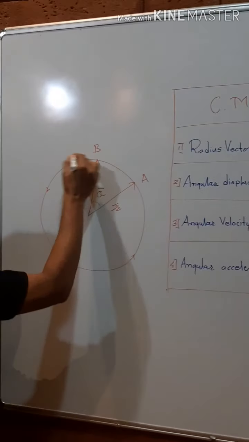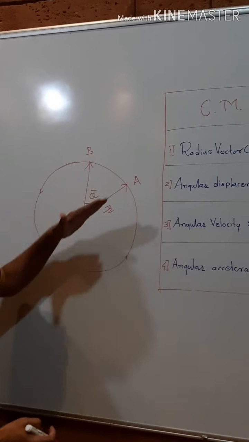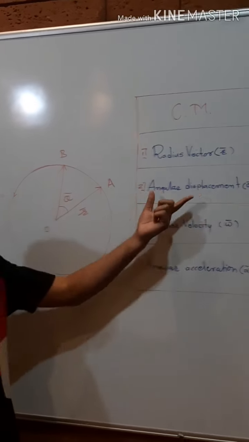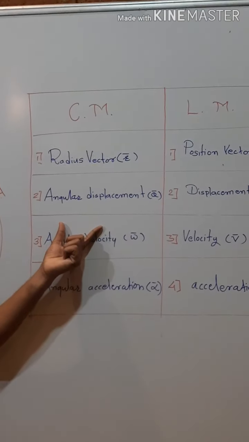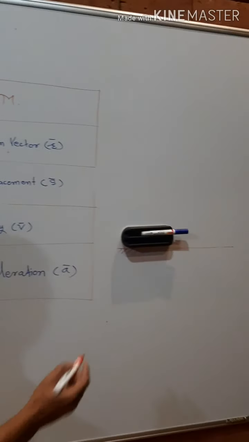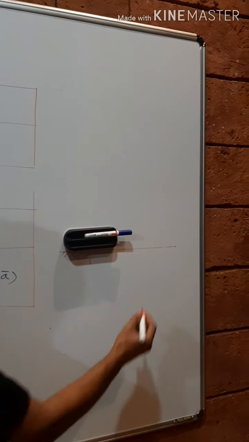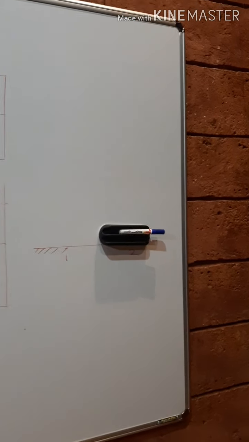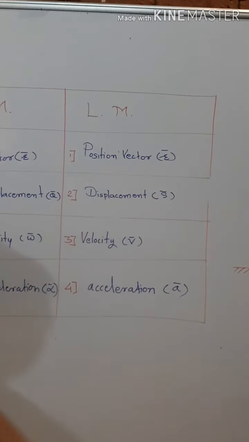Suppose that B is the final position after time t, and therefore the change in position of the particle is described by using angular displacement in the phenomenon of circular motion. Similarly, if this is the initial position of the particle, then where is its final position? It is described by using the physical quantity displacement.